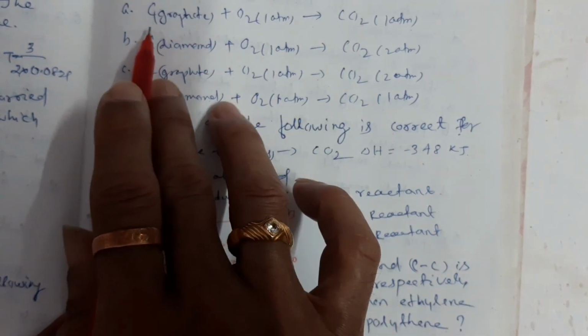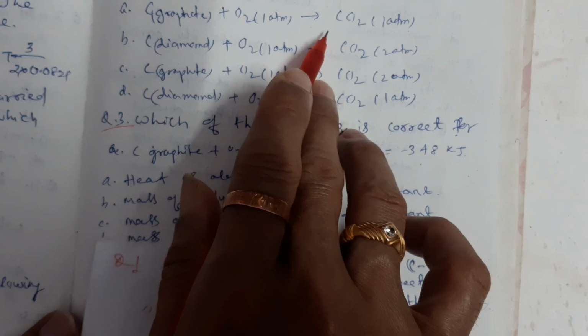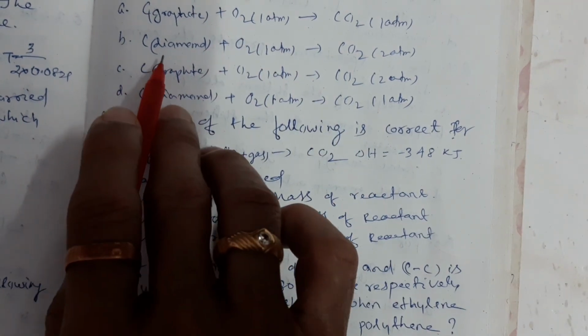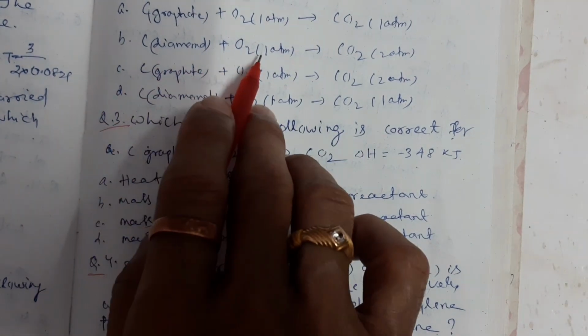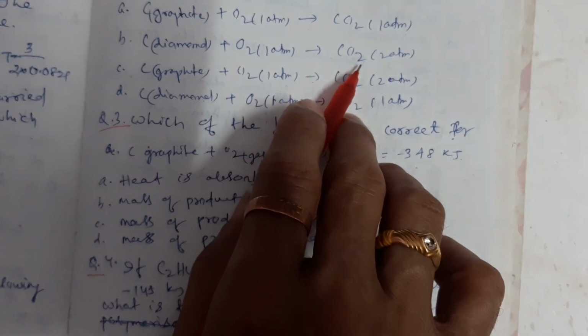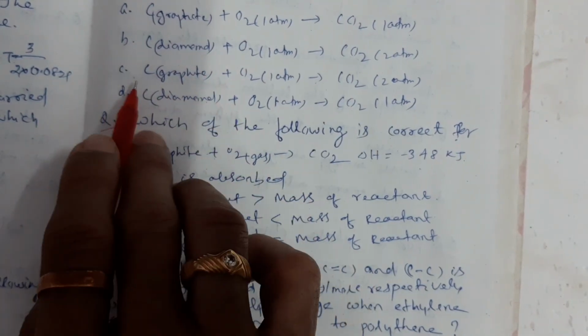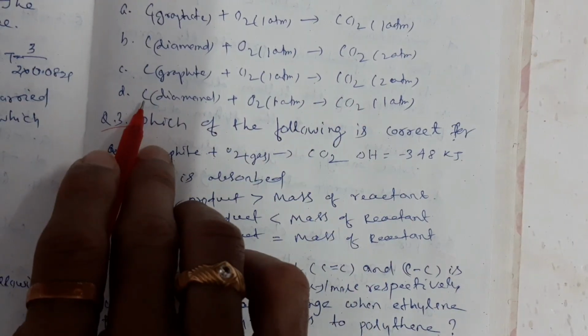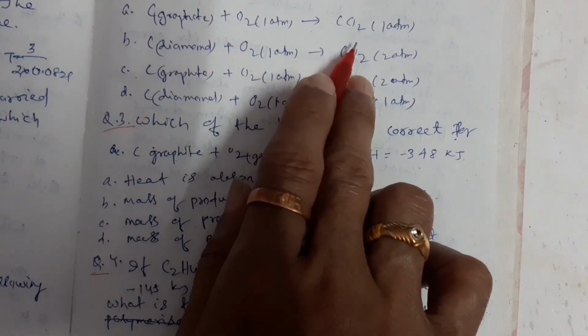Okay, so choice A is the correct answer. In the other choices, diamond and oxygen are giving carbon dioxide, so B is not correct, C is also not correct, and D is also not correct. Choice A is the correct answer.